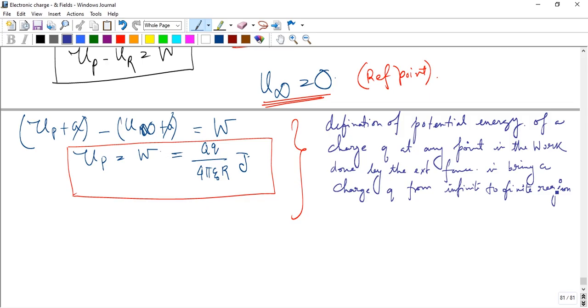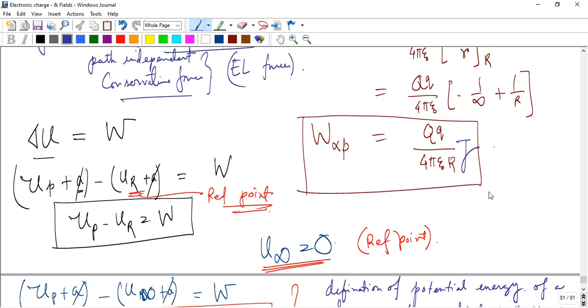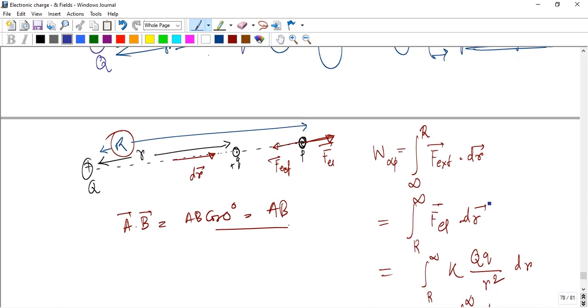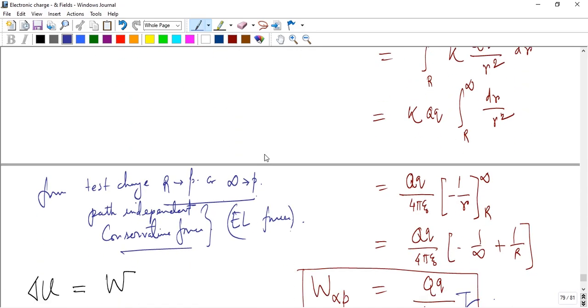Clear? You see the definition and the equation. See the work done by the external force to bring it from infinite to finite region.